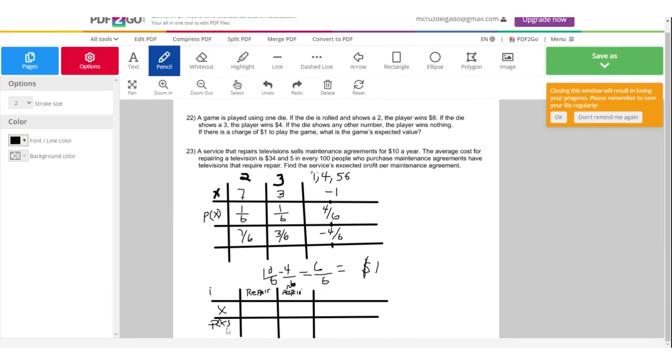Okay, so no repair just means negative $10. And 5 in every 100.